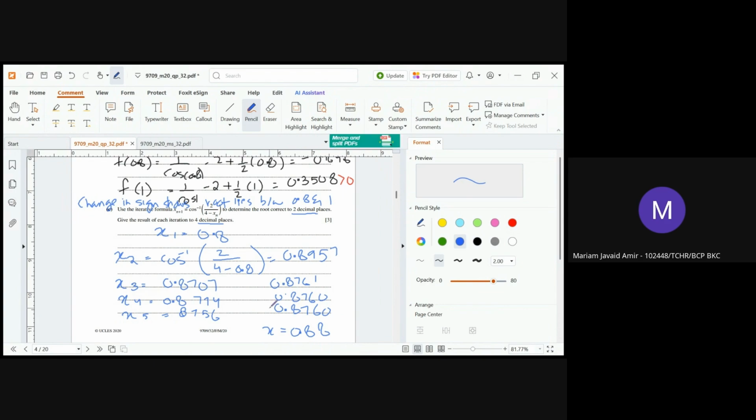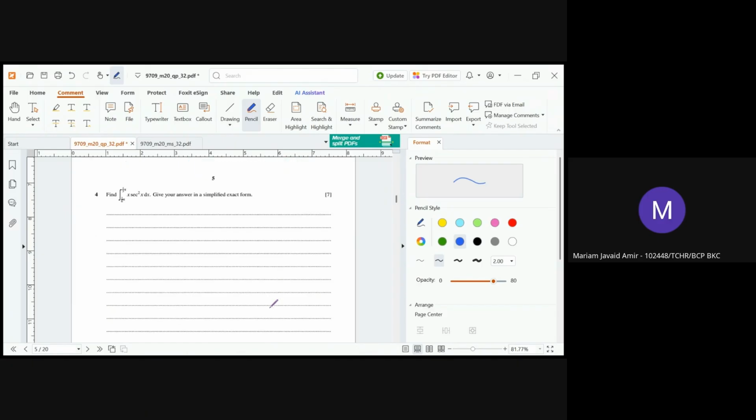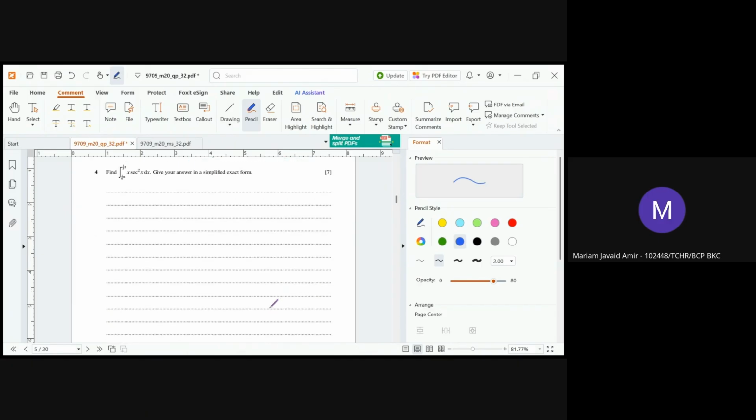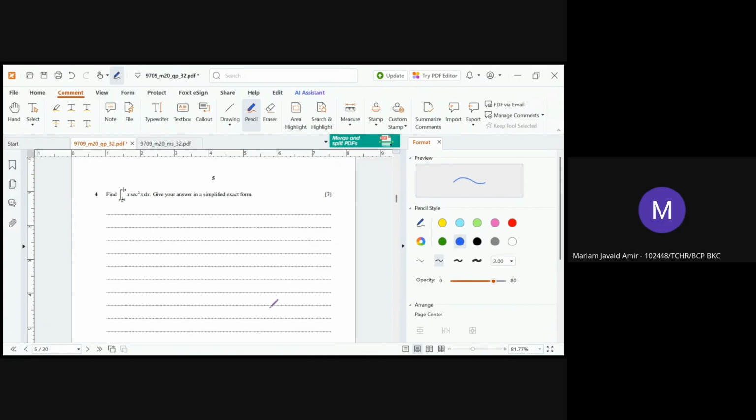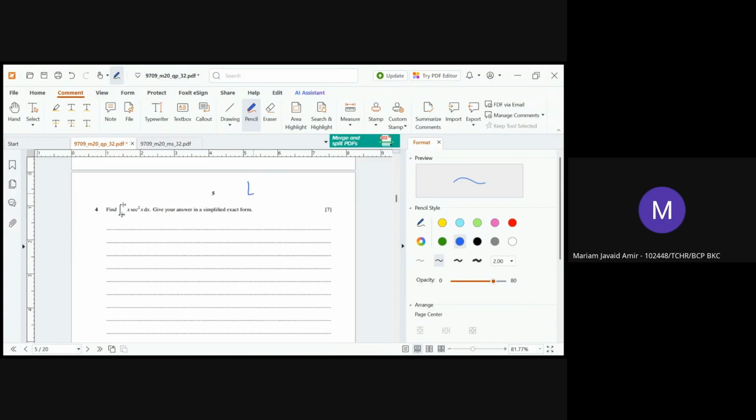Okay, next question. Find the integration of x secant square x. Give your answer in simplified exact form. Okay, this is integration by parts, so we have to apply LIATE.